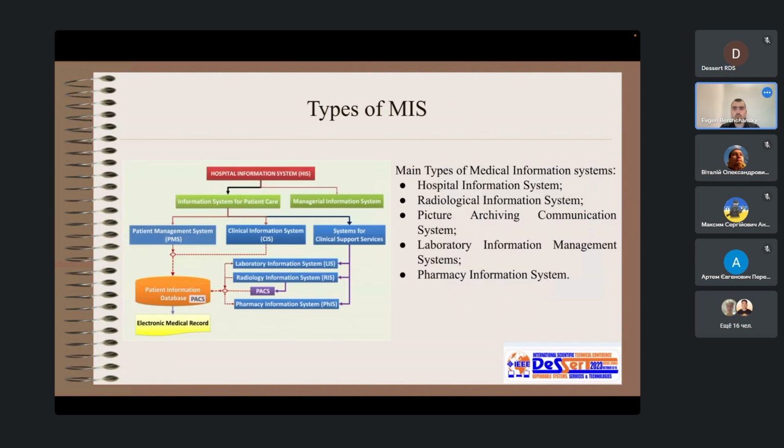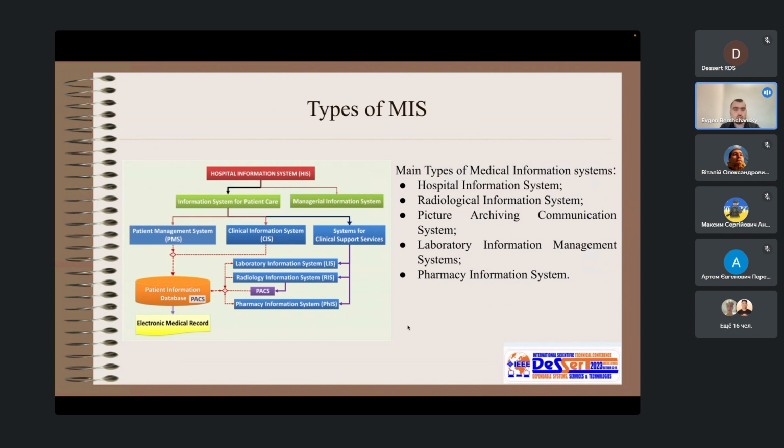The types of medical information systems are hospital information systems, radiology information systems, laboratory information systems, pharmacy, and picture archiving systems.